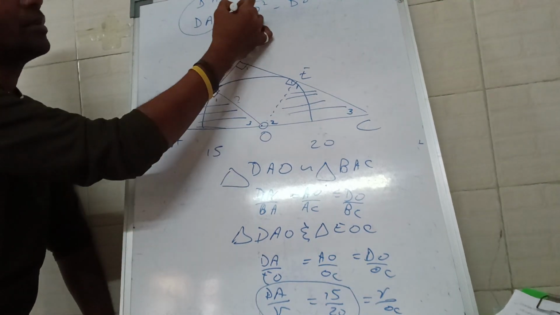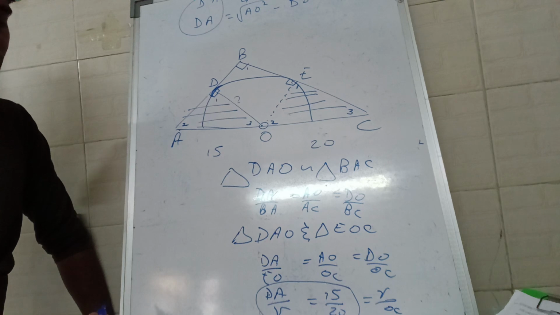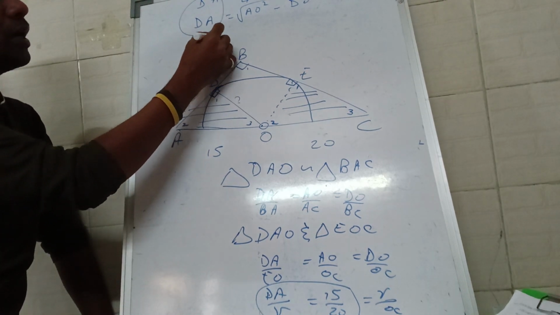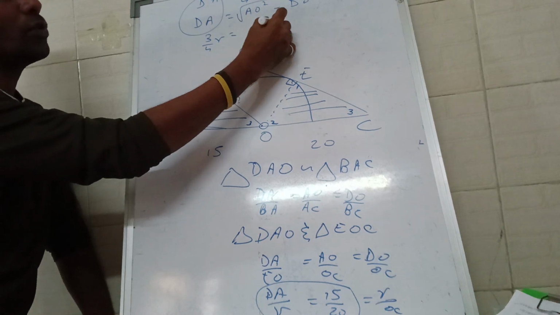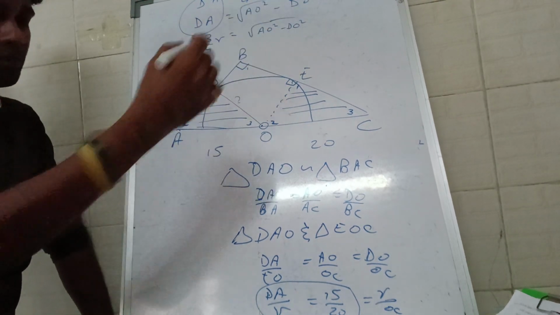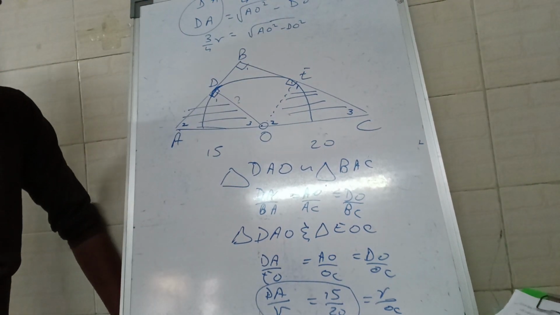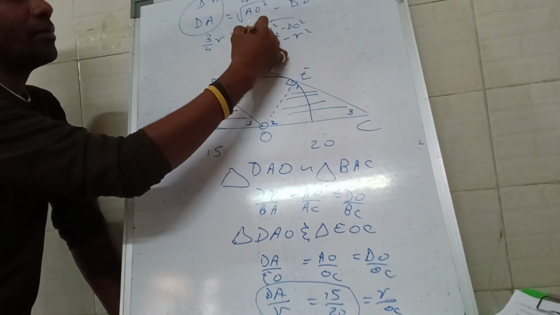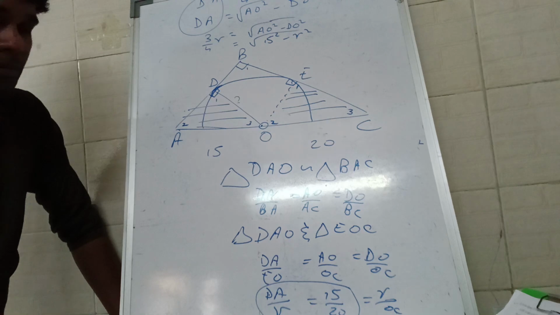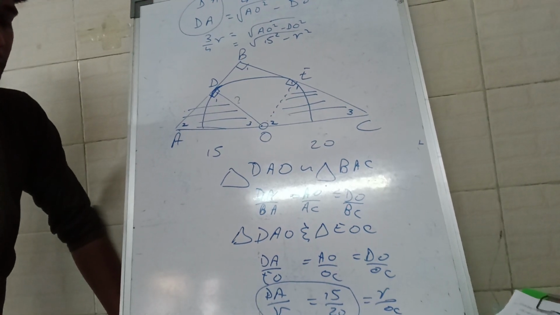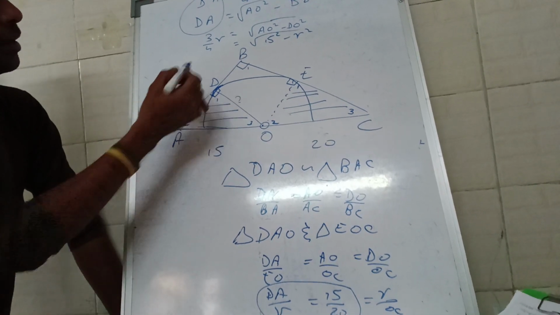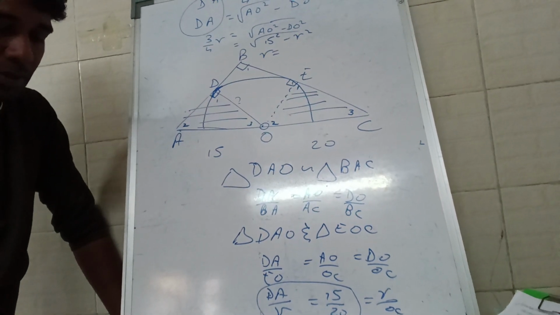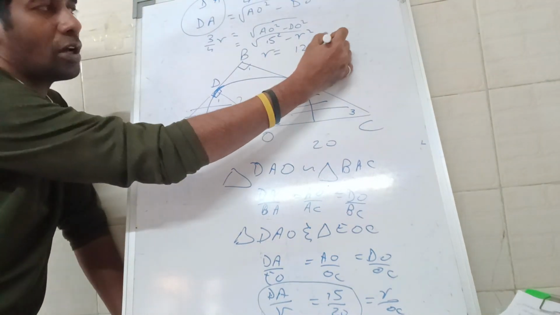So 3/4 R is equal to the root of AO square minus DO square. AO is 15 and DO is R: 15 square minus R square. Put the values, cross multiply, bring the square root over here, and I'll get R equal to 12 centimeters. Solving will be shown to you.